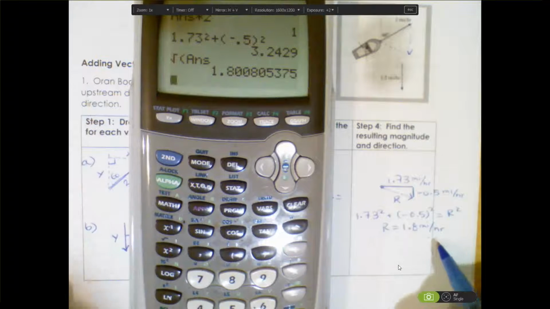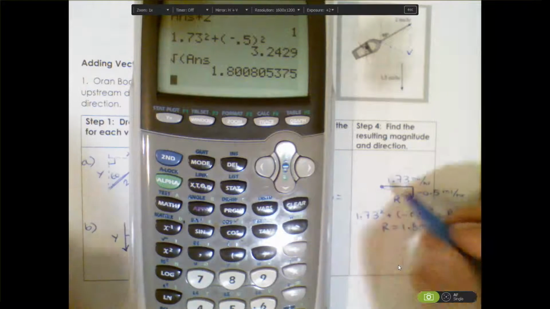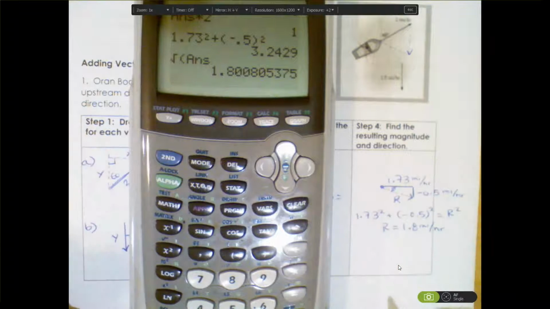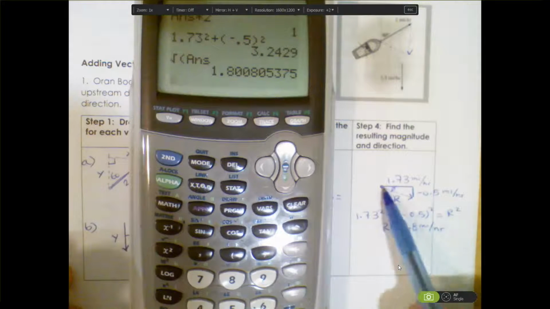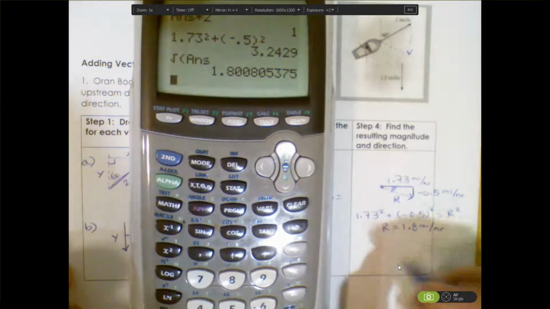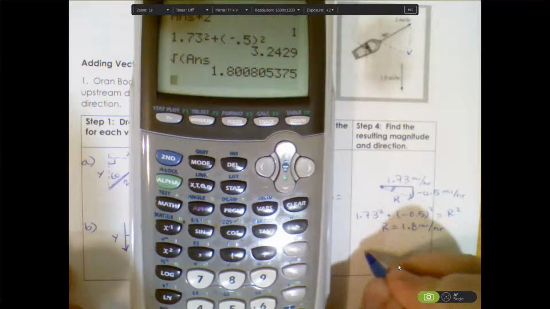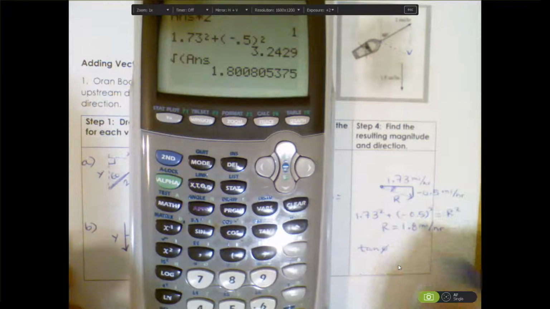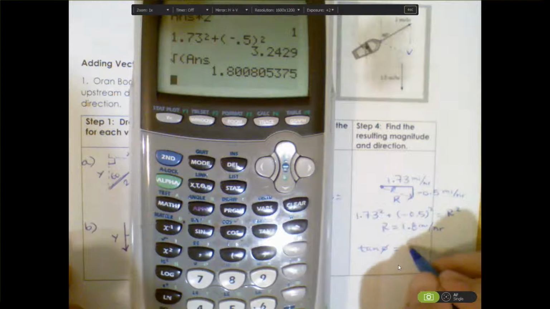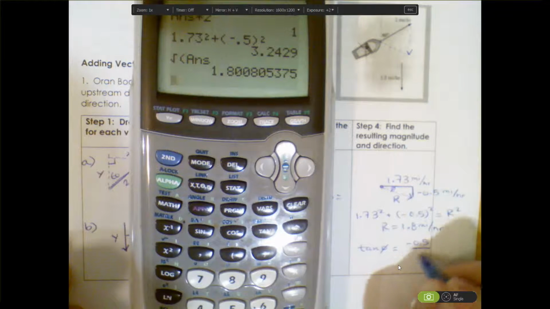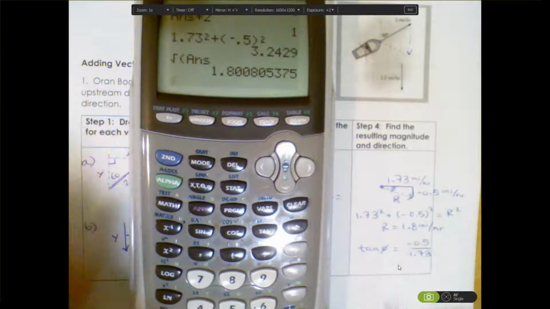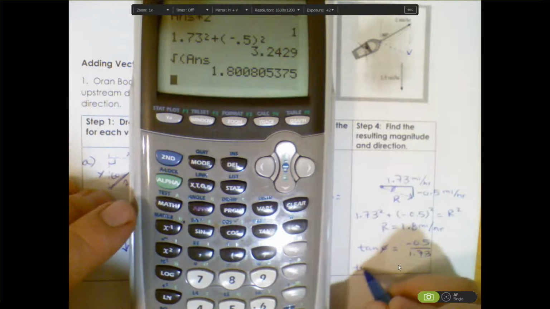And now we need to know the direction the boat's heading. So we're finding theta here. So we can do the tangent of theta is opposite over adjacent. So then we do inverse tangent.